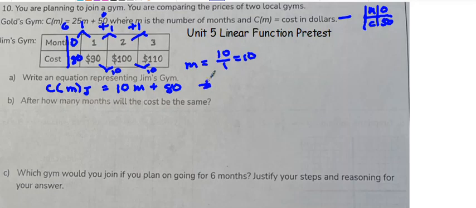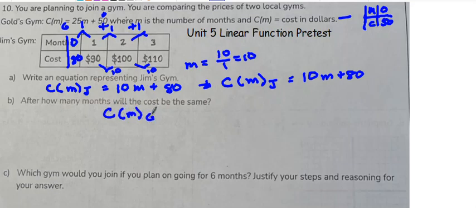So my equation then is, the cost as it relates to months for Jim's Gym is equal to 10 times the number of months plus $80. Now, after how many months will the cost be the same? What we're asking is, when is the cost for Gold's Gym equal to the cost of Jim's Gym?